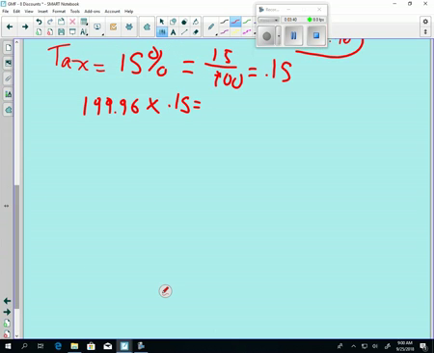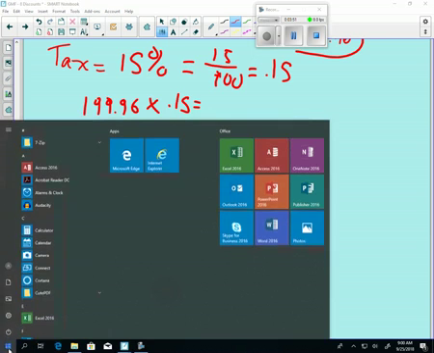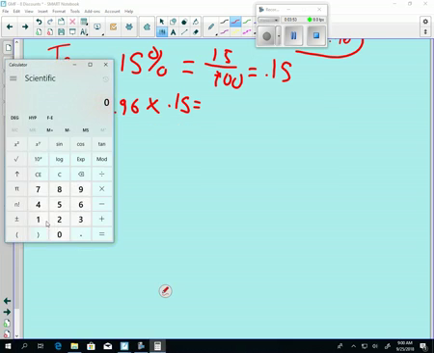And this time I need the calculator. $196, right? So our taxes are $29.99.